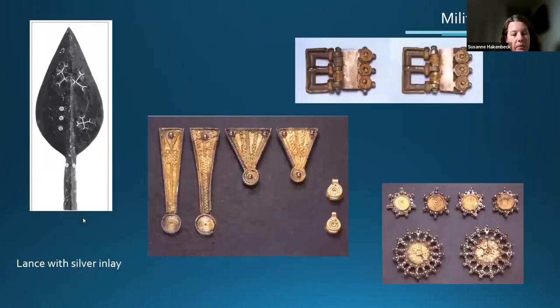Then the objects in the chamber indicate connection with the Roman military milieu. We can see that through the strap ends, belt buckles, and the lance with the silver inlay, and also horse ornamentation down at the bottom right.